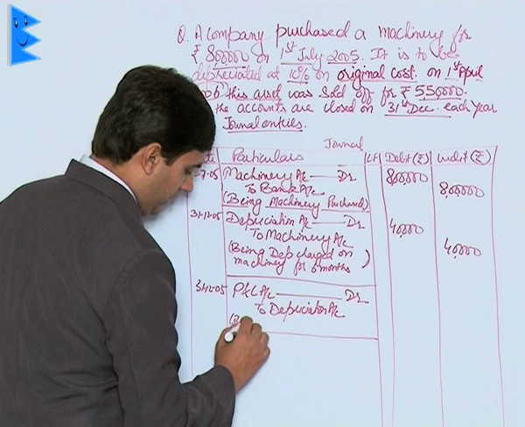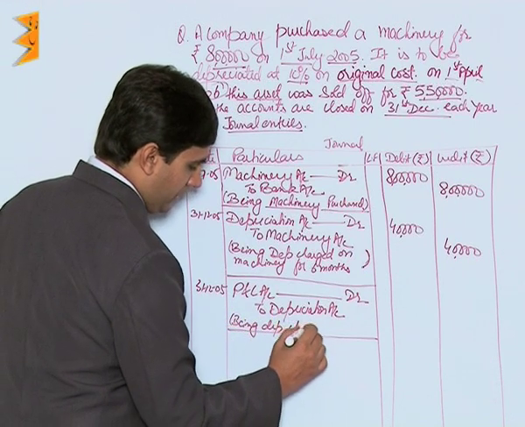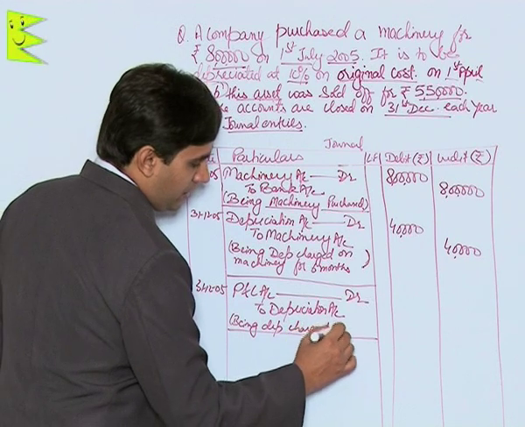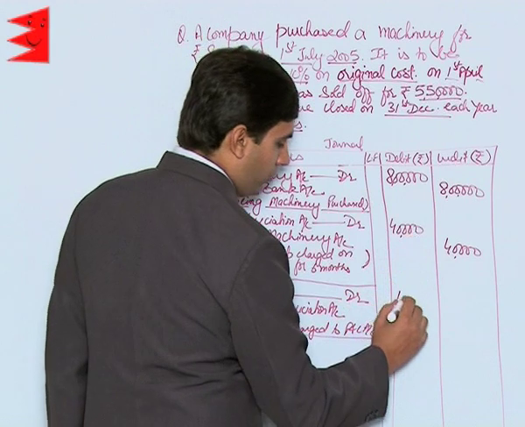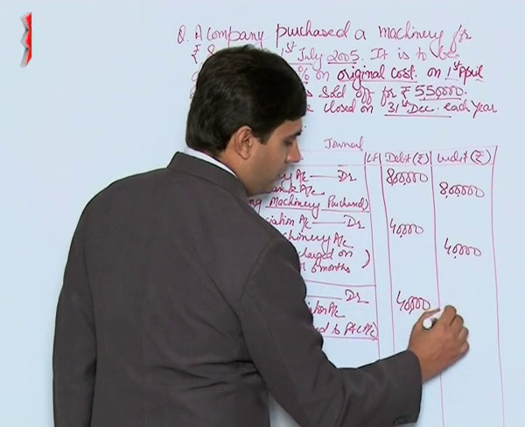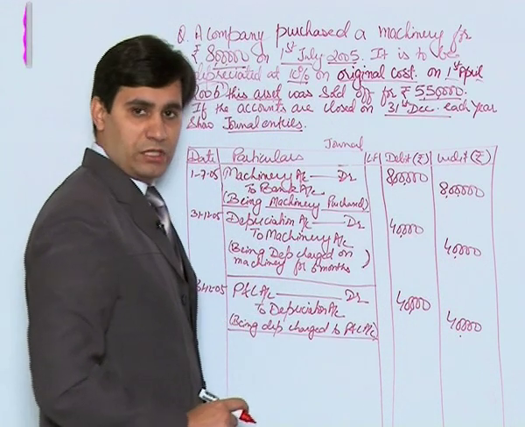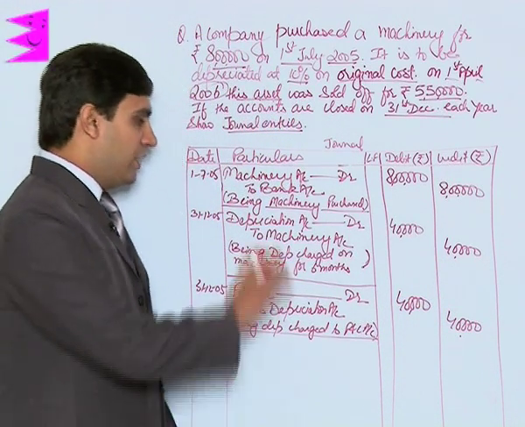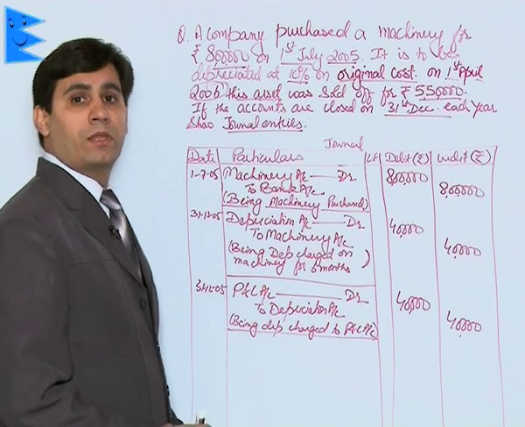Narration would be being depreciation charged to P&L account, and the amount would be rupees 40,000, as we had charged depreciation of rupees 40,000. Now these three entries would be done in year 2005.